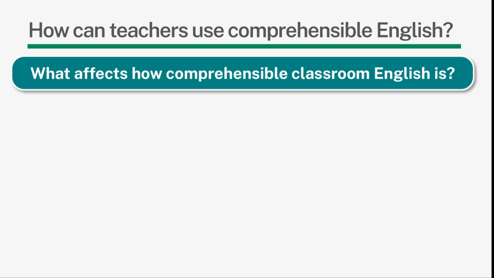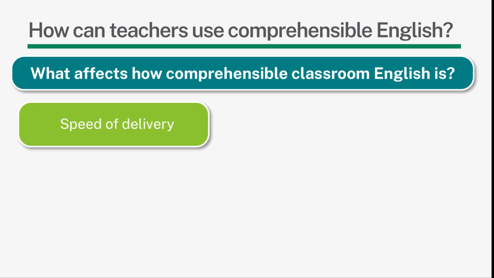Outside of specific comprehensible English strategies, we can point to certain features of classroom language that can affect how comprehensible classroom English is. Speed of delivery. Speaking quickly and rushing through numerous instructions or a lot of content creates barriers to understanding.